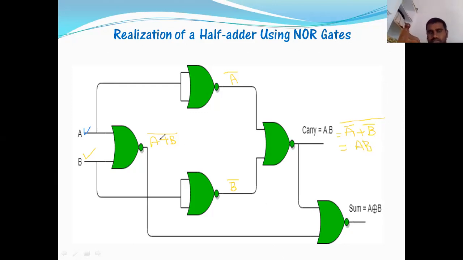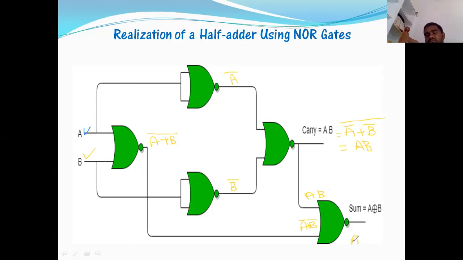Okay. And next here you observe this one, here we have AB as input, and next here we have A plus B bar as input of XNOR gate.